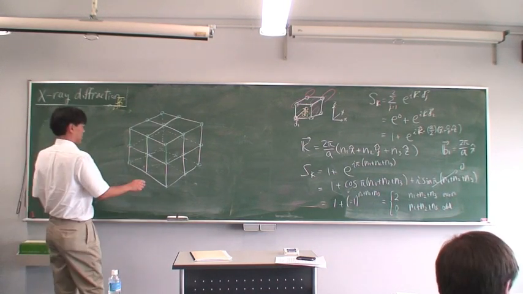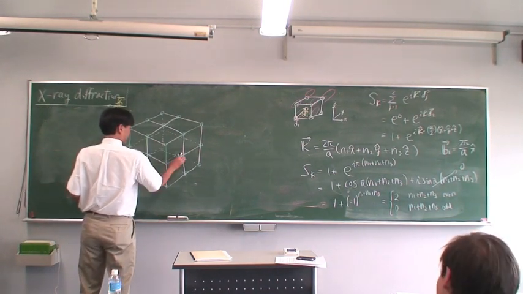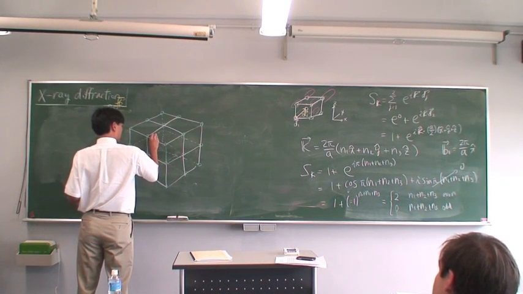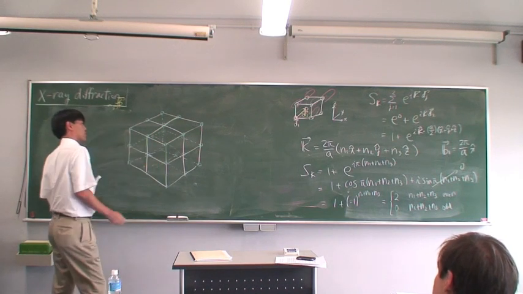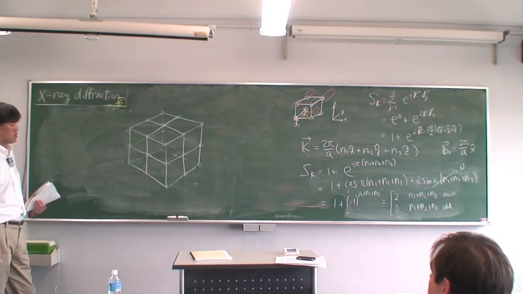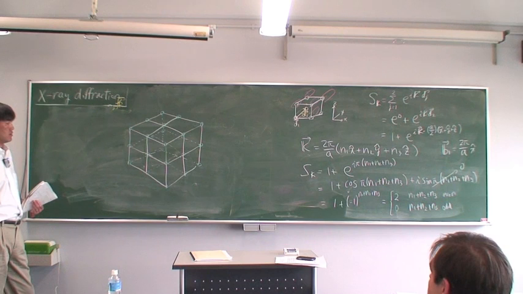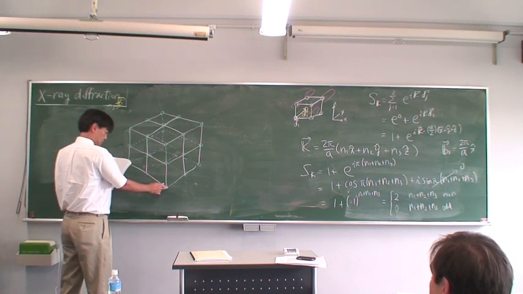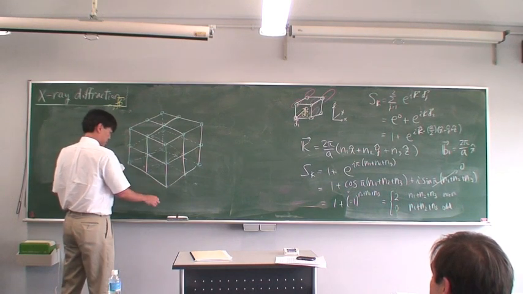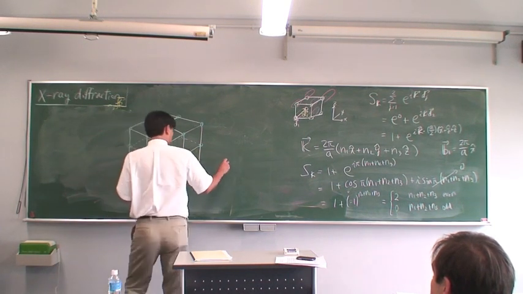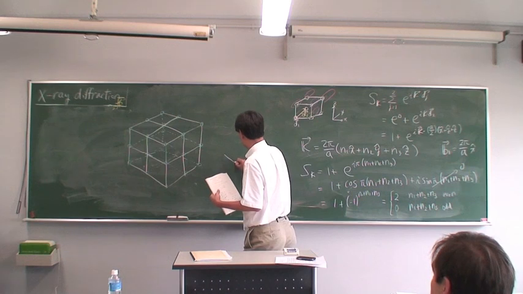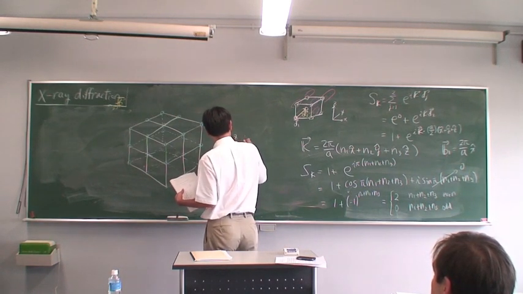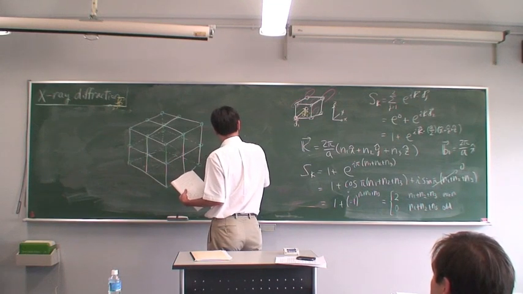I hope you get the idea of what I'm trying to do. So I'm just drawing a cubic lattice right now. Here's the origin. This is the origin, and this is Z, this is X, this is Y.